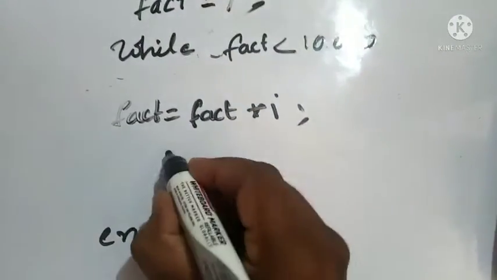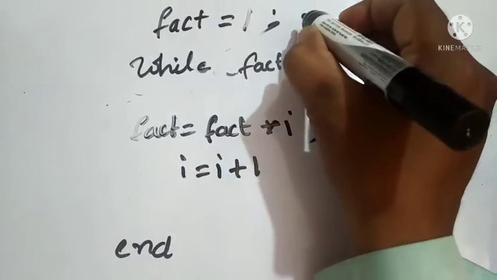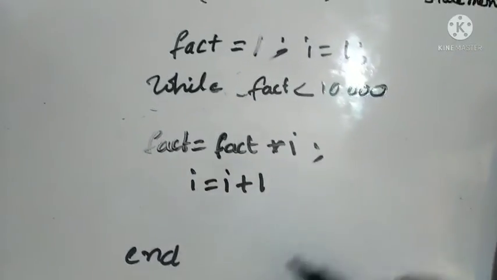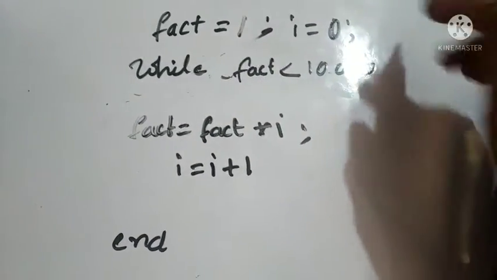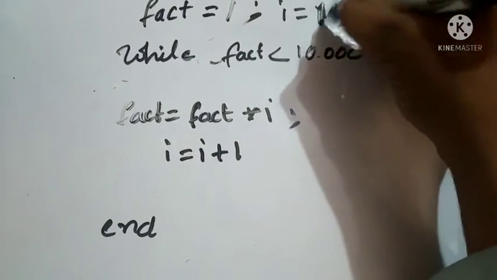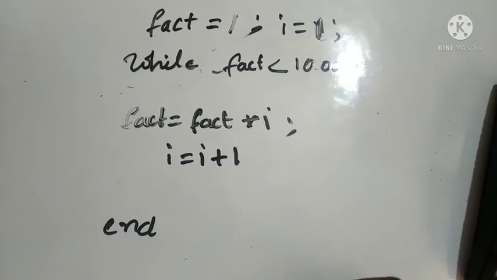Here I have to take I = I + 1, and I have to initialize I = 1. I cannot take it from 0; I have to take it from 1 itself. The value of I is 1 and fact is 1.